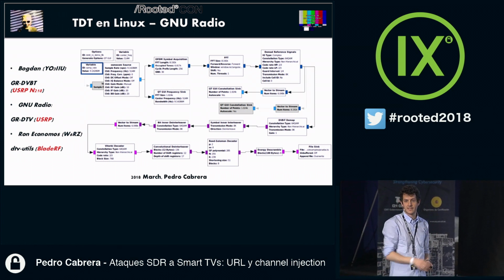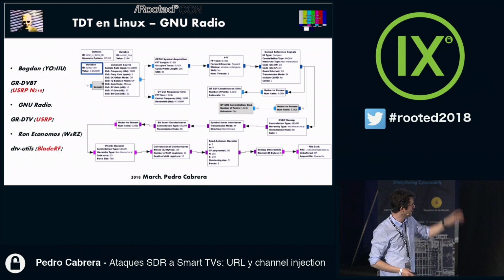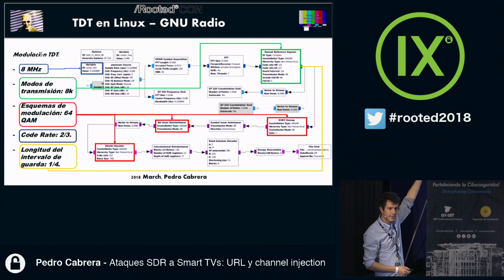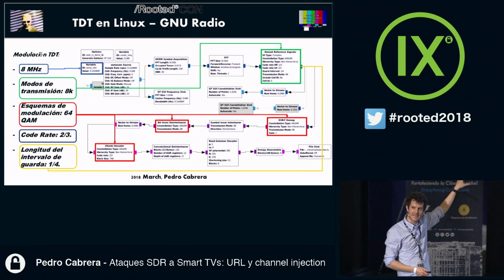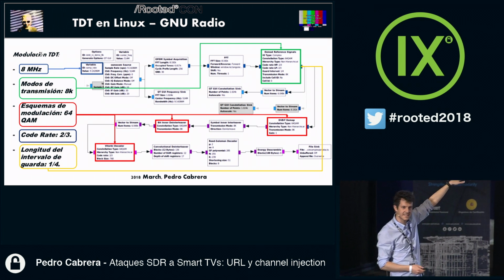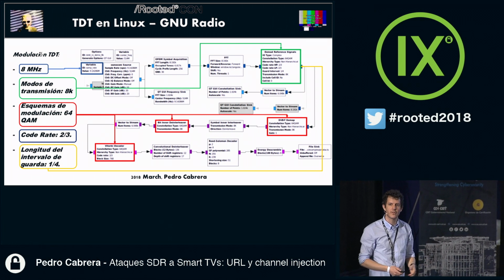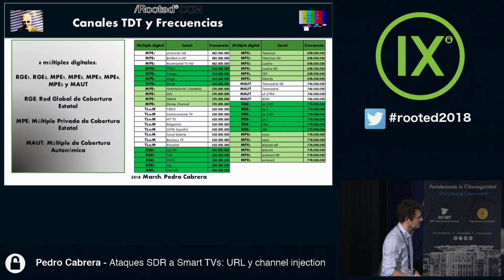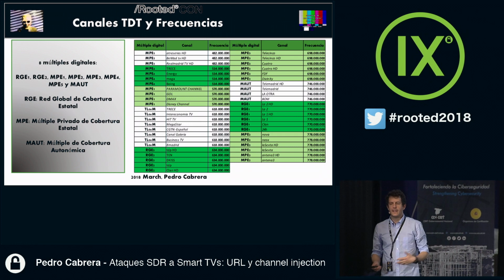And Botman, in his web page, has 3 articles, and he said that he needed an i7 processor. The bandwidth of one channel is very wide, both for broadcasting and for receiving. So each one of the parameters of TDT in Spain has been customized, so each one applies in each one of the phases, as you can see. That's just in case you're interested to play with that in the future.